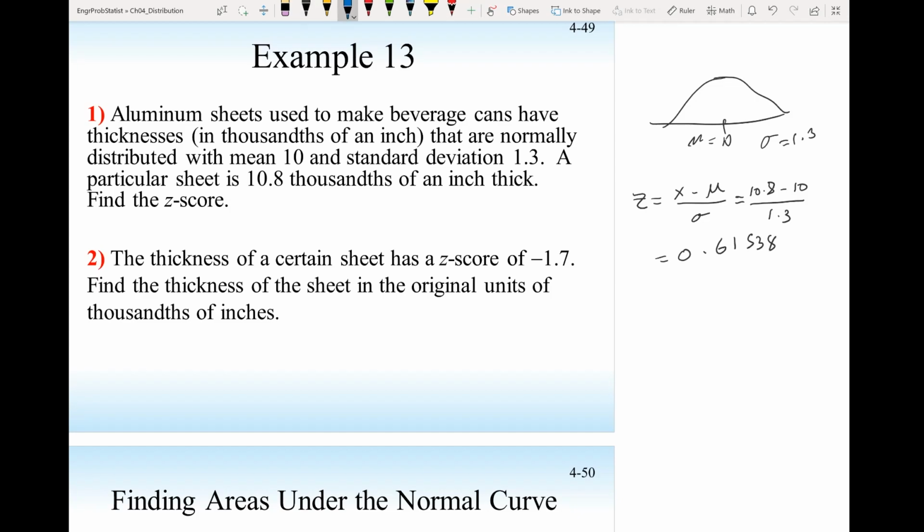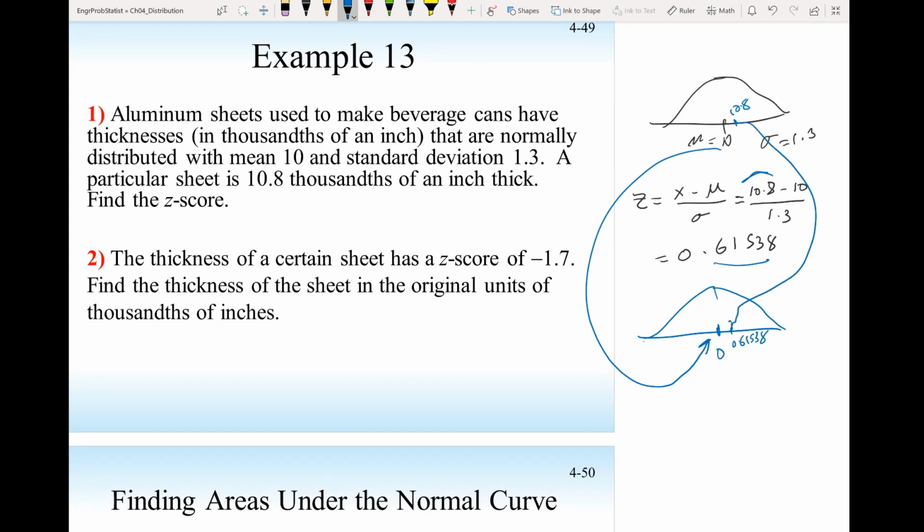So this is 0.61538. If I plot the standard normal distribution, where this is the 0, then this 10 will be mapped to here, and the 10.8 will be mapped to 0.6, which is somewhere here. Then I can use the standard normal table to find any probability.